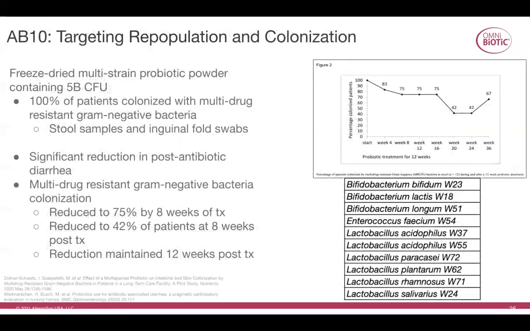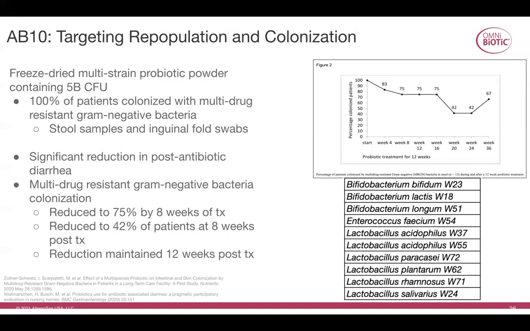In another study using Omni-Biotic AB10, this was the same formulation. It is 5 billion CFUs. And this was used in a long-term care facility where 100% of patients were colonized with multi-drug resistant gram-negative bacteria. Samples were taken of stool and in the inguinal folds.